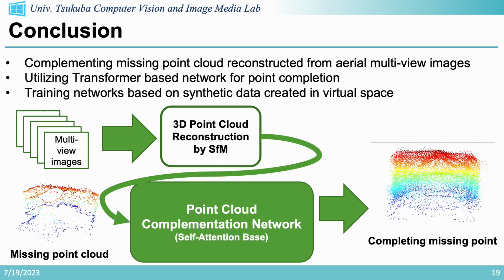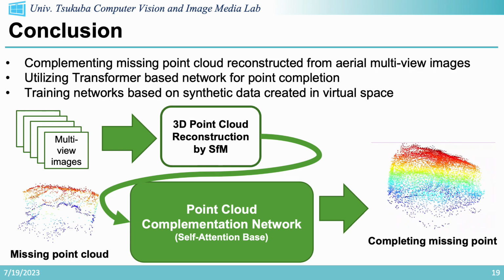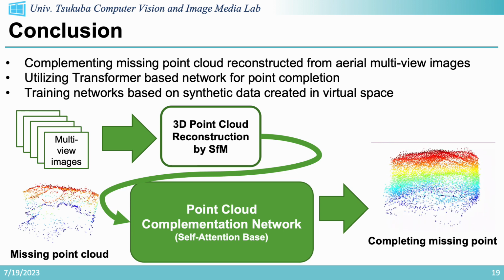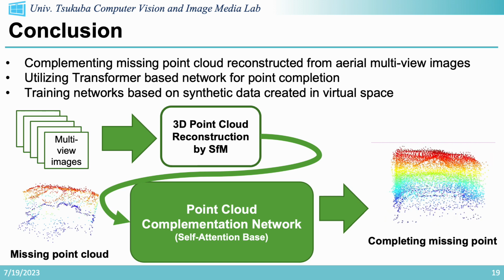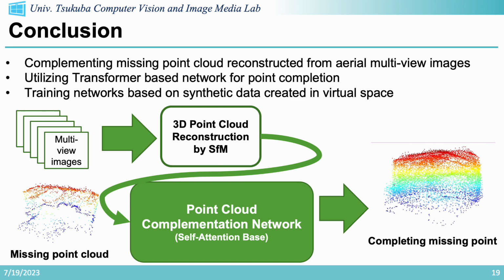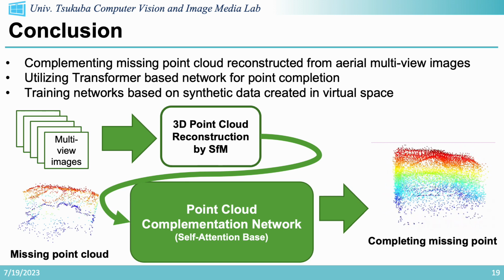The prediction on real-world data showed that a point cloud with reasonable shape was completed in the missing area. We believe that expansion and diversification of training data is necessary to improve the accuracy.